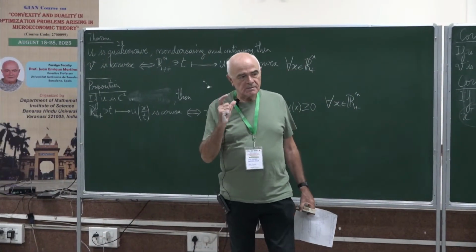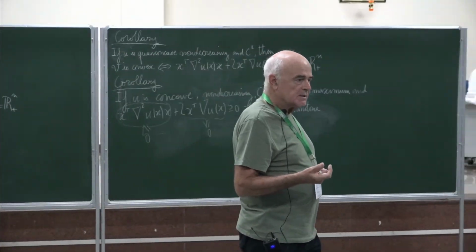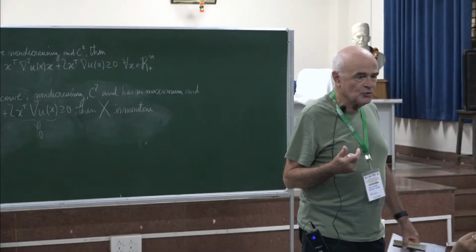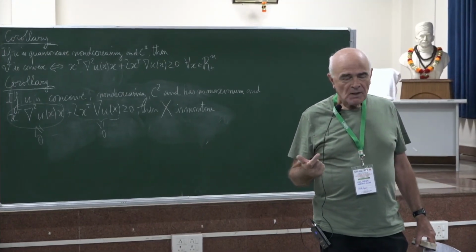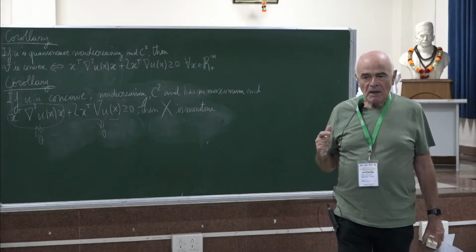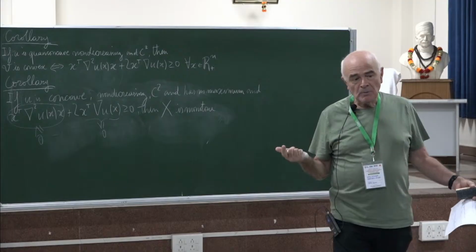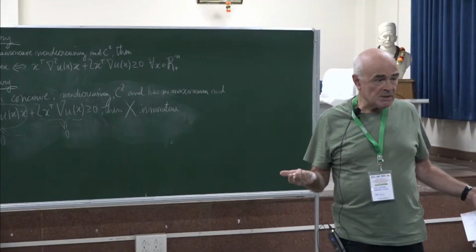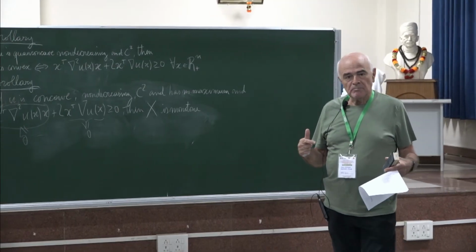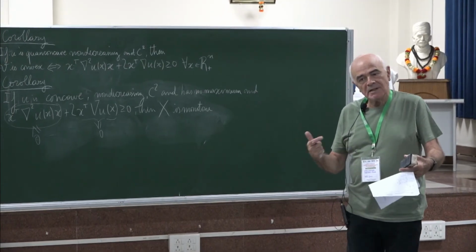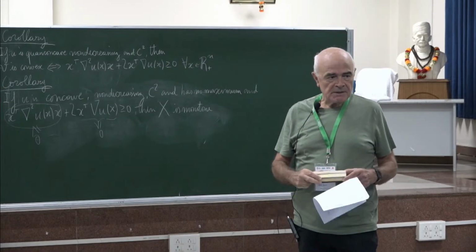So the idea I'm trying to convey is that concavity of U and convexity of V are somehow conflicting. They are in opposite directions. They are not incompatible, but the more concave U is, the less convex V is, in a sense.